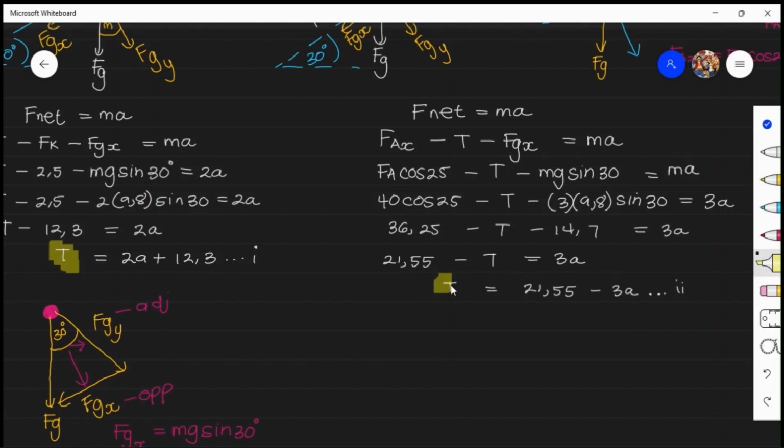So we are going to connect both equations at point T. So that is going to be equation 1 equal to equation 2.